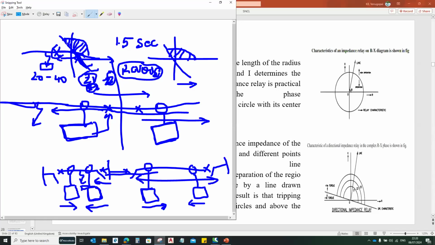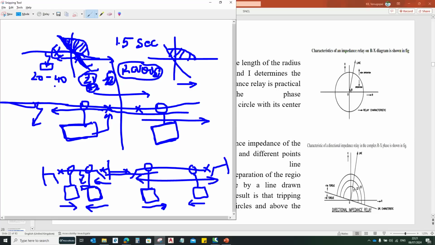To consider the reverse looking zone, you have this portion of information. Okay, but who will decide the angle? That's based on the impedance diagram. Impedance diagram means the circle diagram.